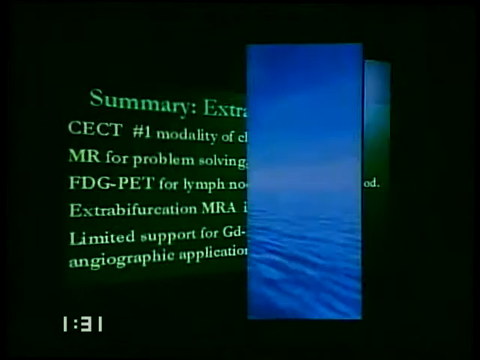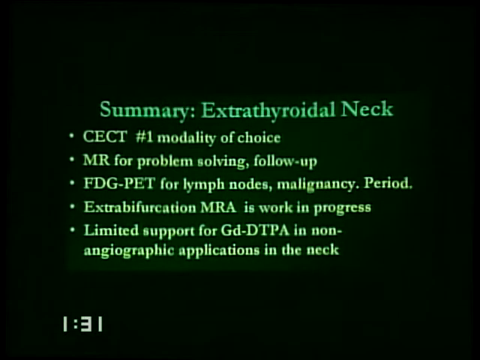You don't really need to give contrast every time you have brachial plexus pathology. Looking for pathological enlargement and pathological locations of these entities is good enough. So to summarize, contrast-enhanced CT is the first modality of choice. MR is used for problem solving and for follow-up purposes.